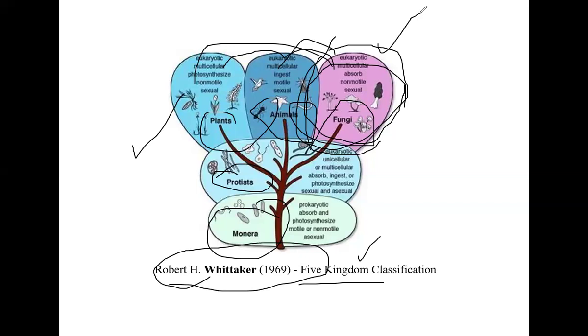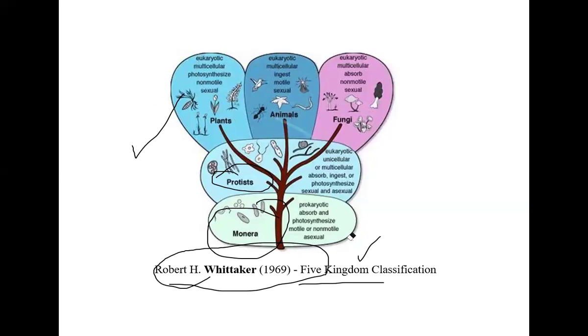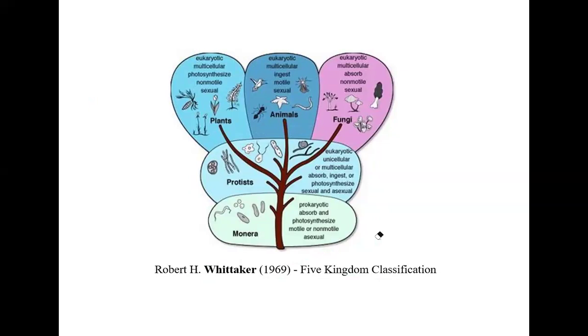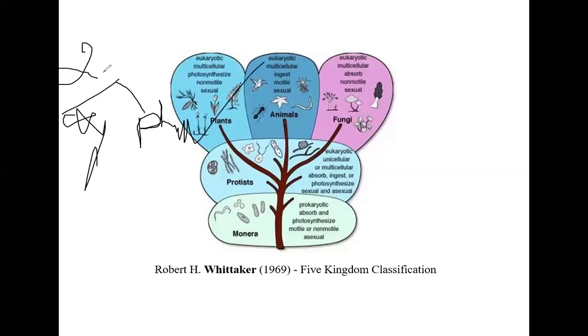But as per Eichler classification, plants are divided into two: Cryptogams and Phanerogams.